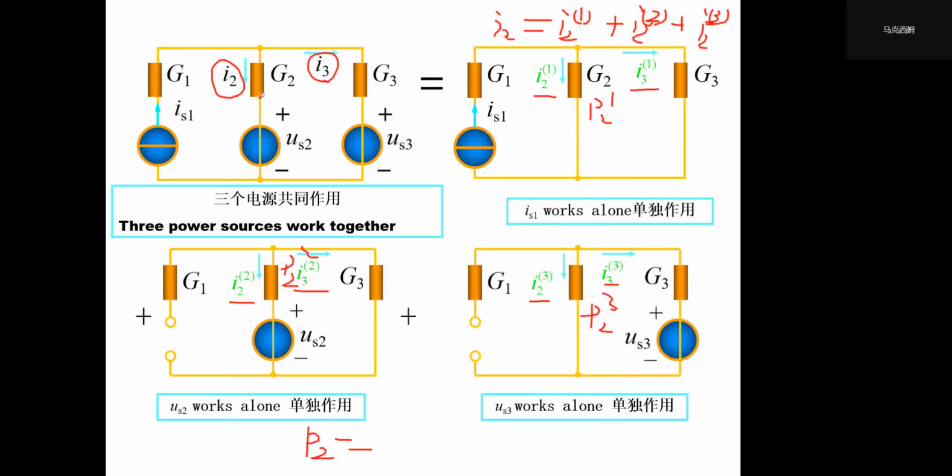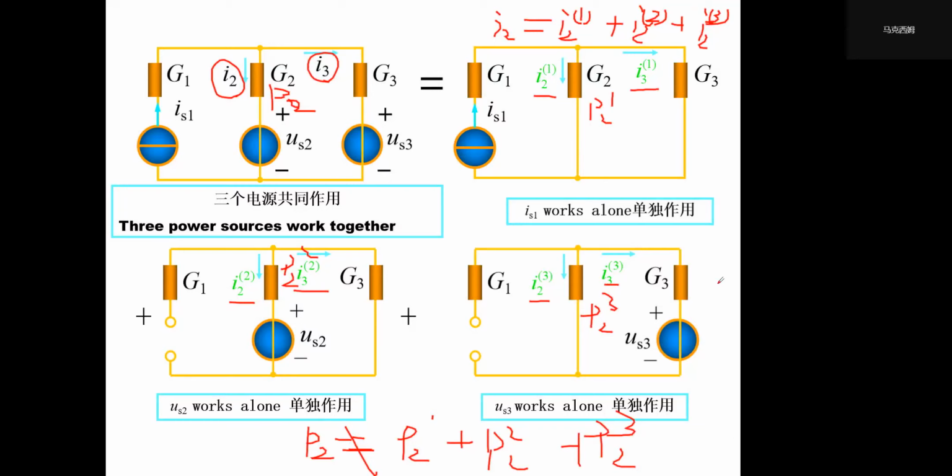P2 on G2 is not equal to P2 on G1. So remember that only the current and the voltage can use this, because they are linear.